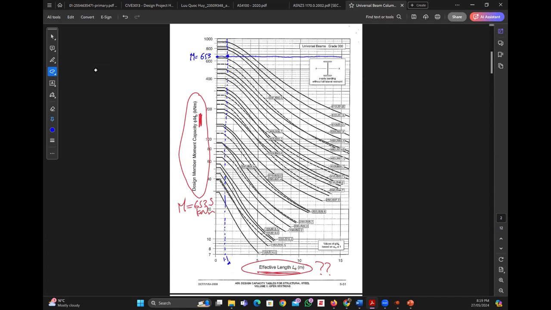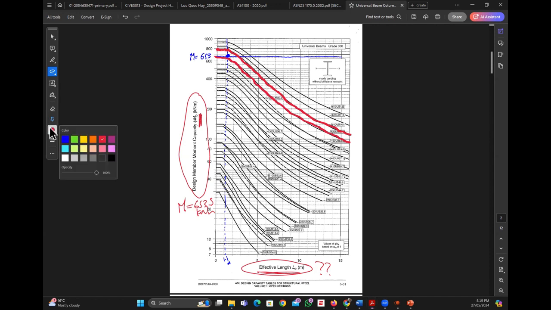So where is the intersection here? Our section will be between this one and this one. So it would be 530 UB.